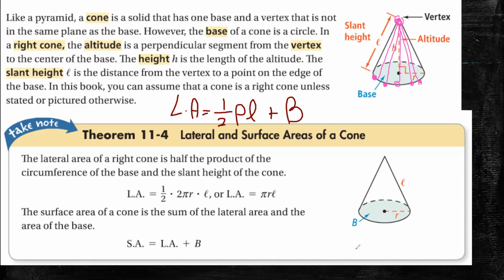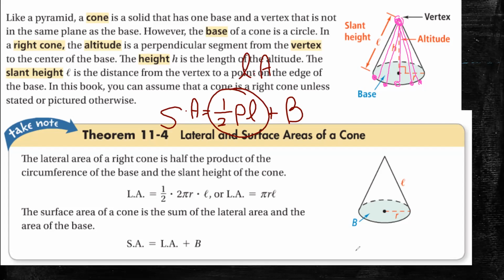So the surface area here is the summation of the lateral area plus the area of one base. This is now also the surface area of the cone.